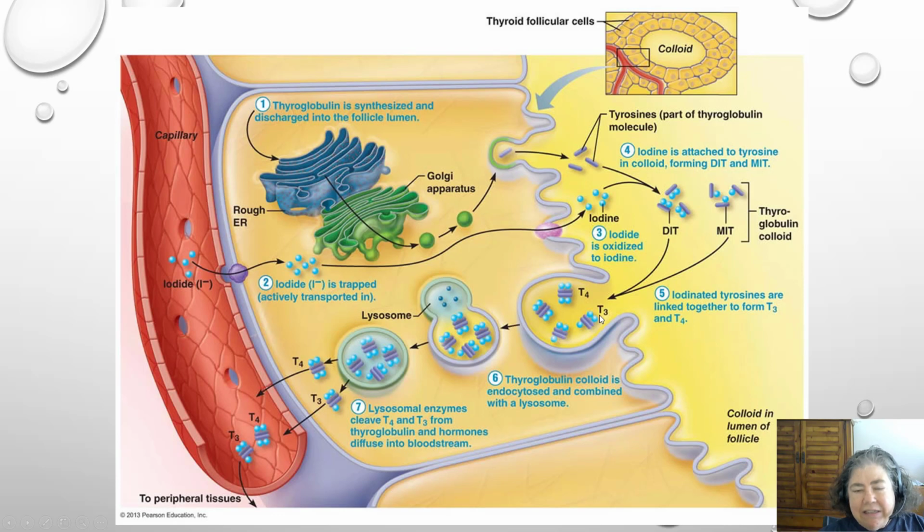And the 3 has to do with the number of iodine molecules that are attached to the hormone molecule. When needed, the T3 and T4 that are stored in the colloid get taken up by endocytosis, combined with a lysosome that cleaves the hormone molecules from this colloid material, the thyroglobulin.